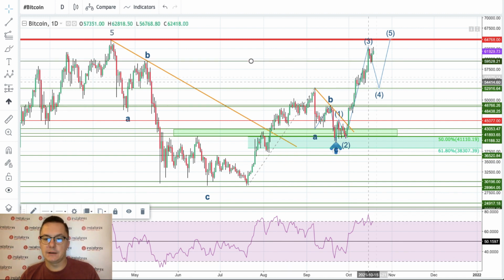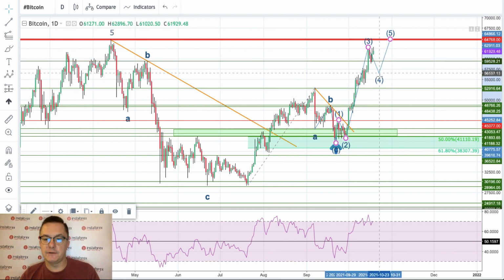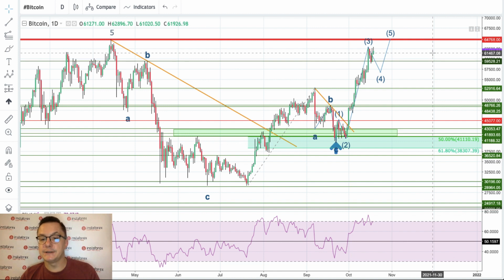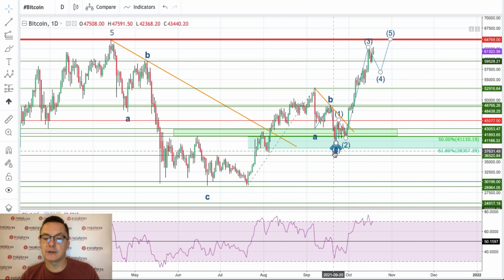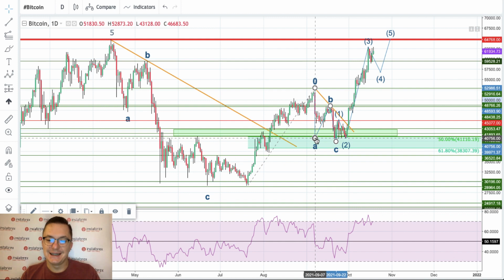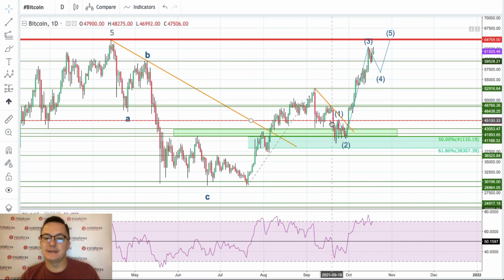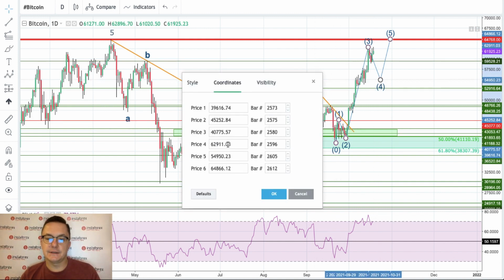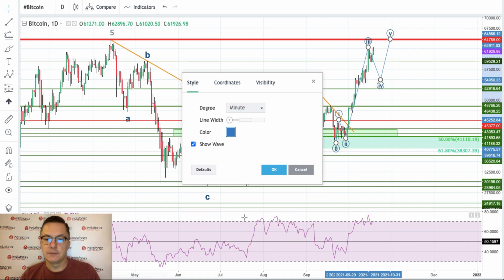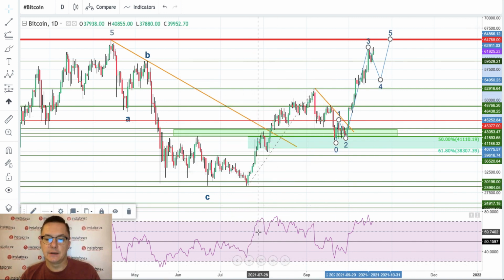And that might be some kind of a low for the wave 4, because wave 4 is still in progress, and then a last push in wave 5 towards the all-time high, and we will see what will be the market reaction on this level. Anything can happen on the markets. So please keep an eye on this current Elliott wave count. Let me just put this into a different cycle, the minor cycle.